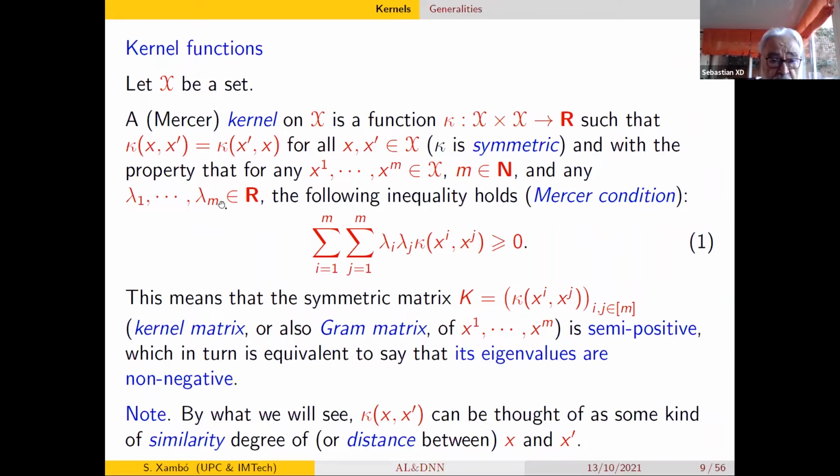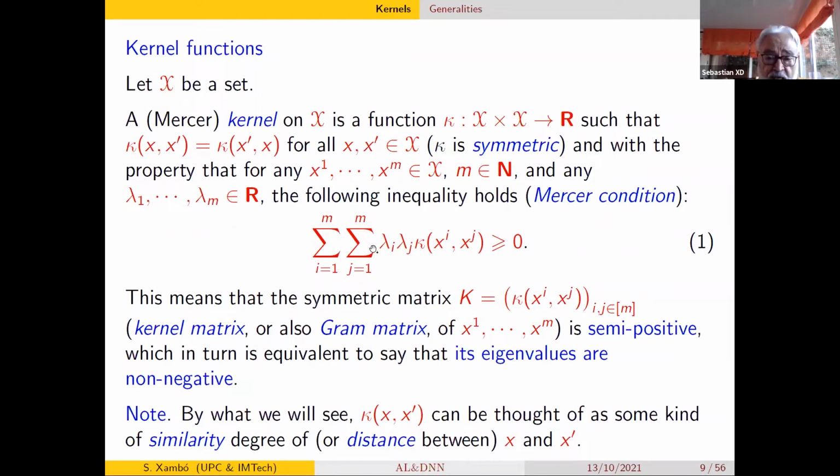And with the property that for any points in X, x_1 up to x_M, let's say, for any M, and any real numbers lambda_1 to lambda_M, the following inequality holds. This can be called the Mercer condition.